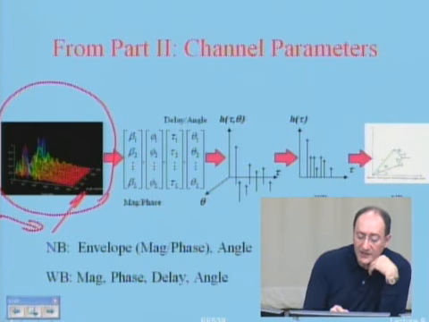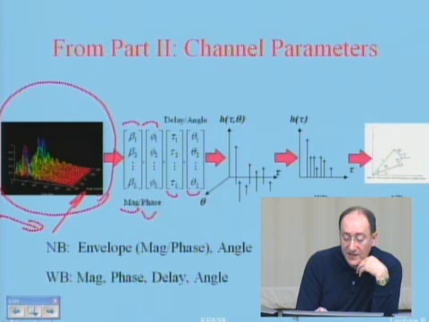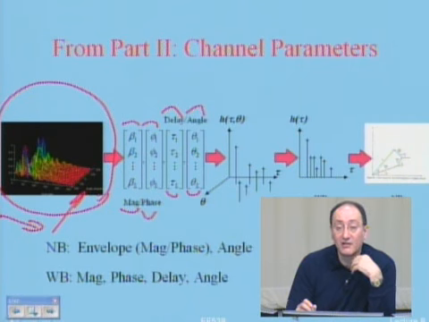And then when I get this type of two-dimensional response, I map it into a set of four parameters: beta and phi, which are magnitude and phase, and tau and theta, which are delay and angle.